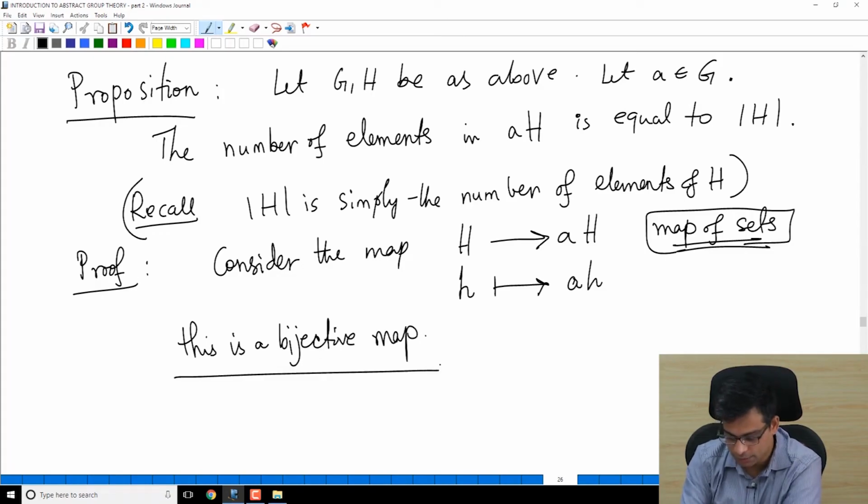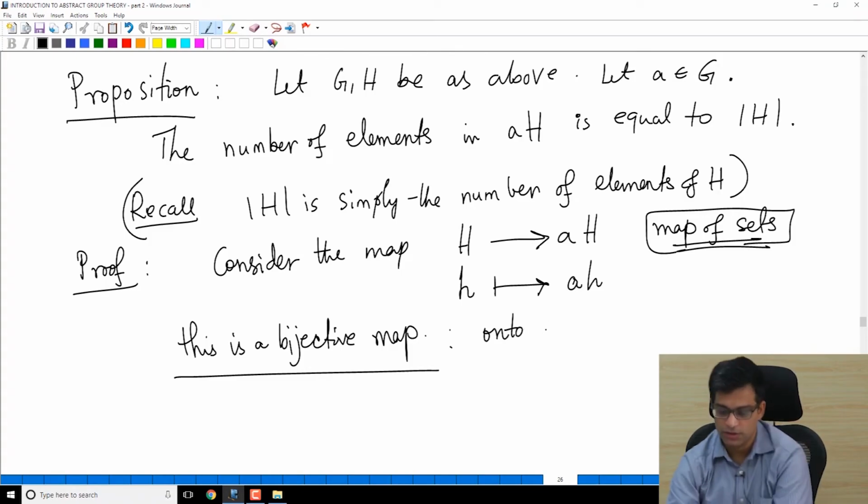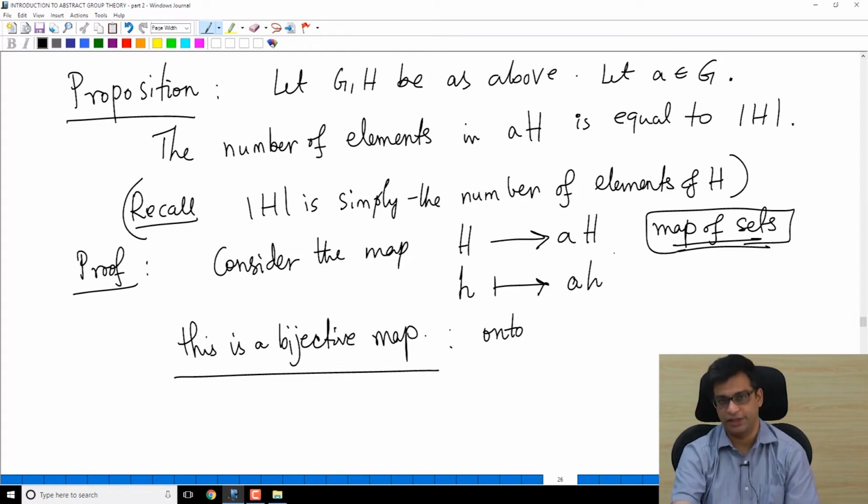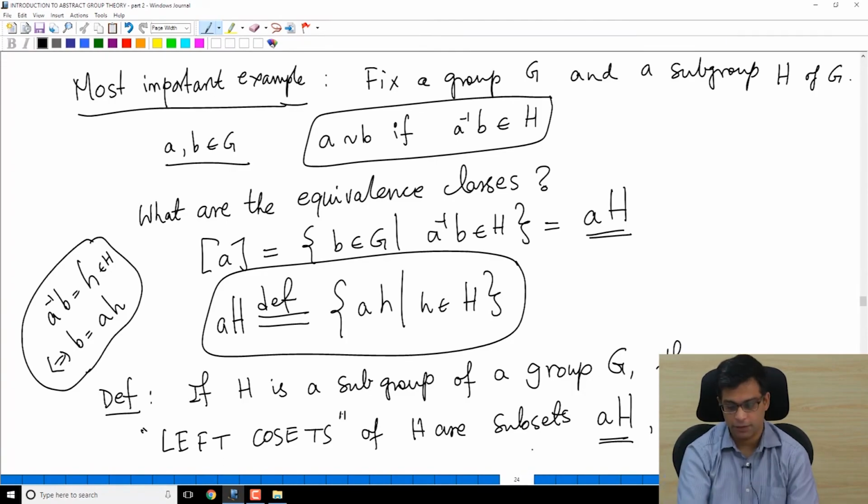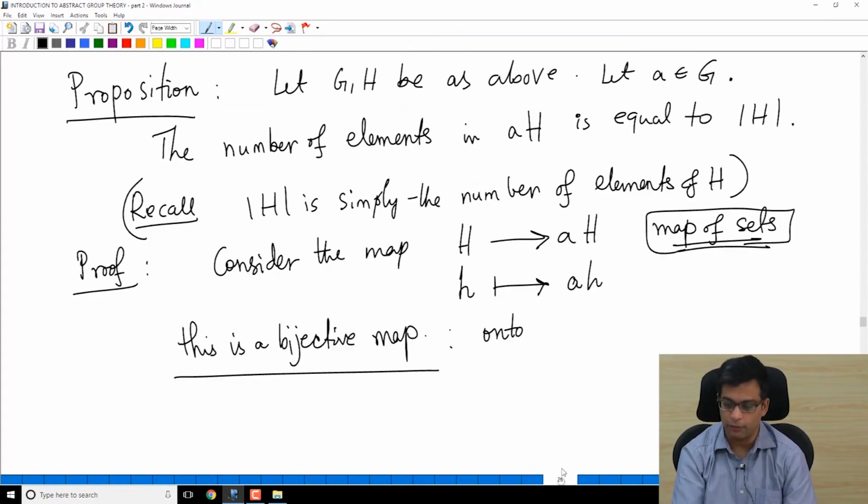Why is this? First of all, is it onto? Yes, because what are elements of aH? In the previous slide I wrote that, right? aH is ah as h varies. So you give me an element of aH, that is of the form a times small h. So h maps to that.